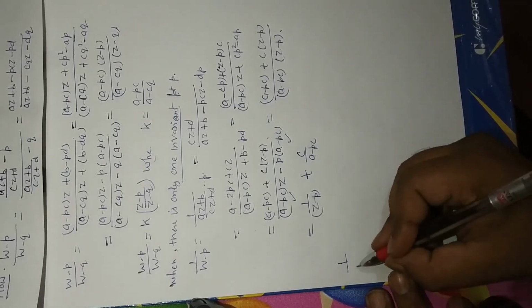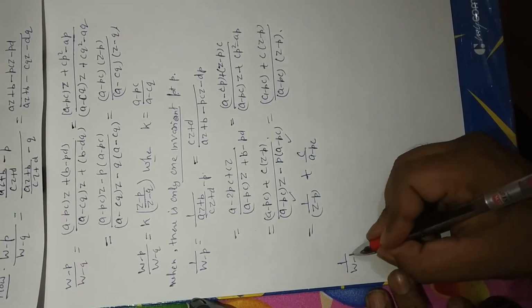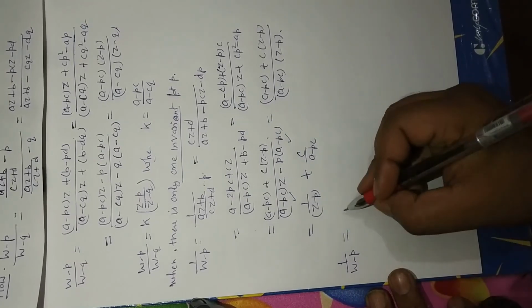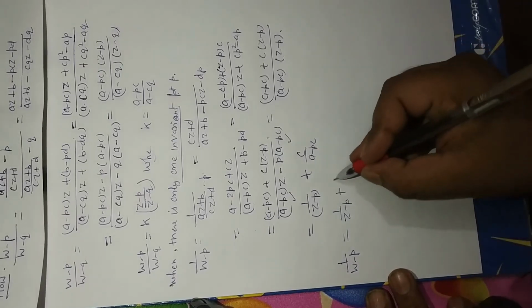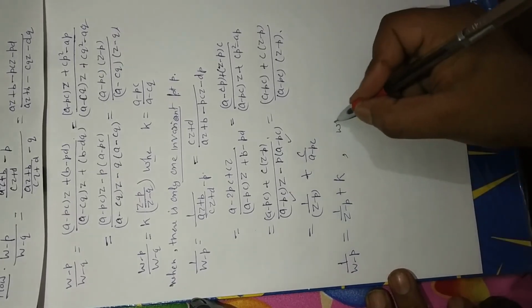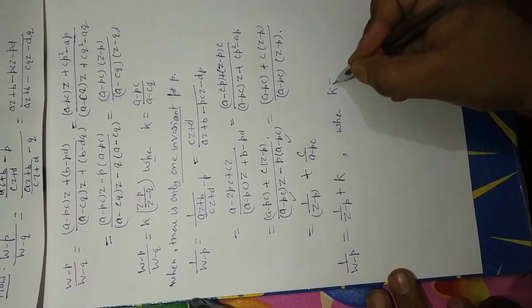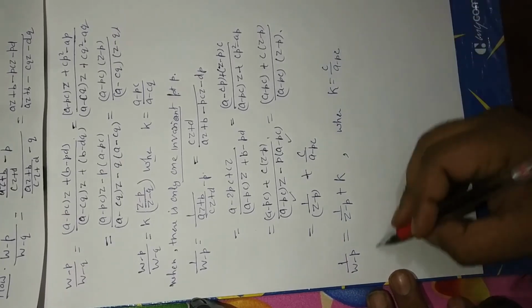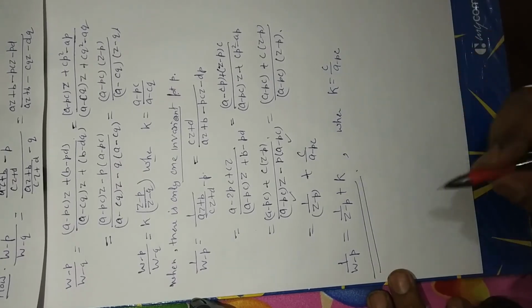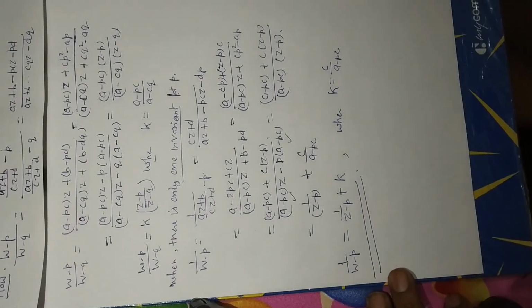That is, 1 upon W minus P is equal to 1 upon Z minus P plus constant, and we have K equal to C upon A minus PC. This is the second part. This is the complete solution.